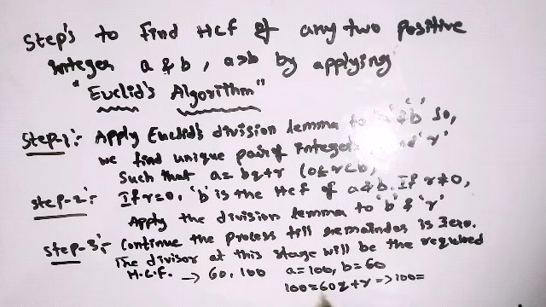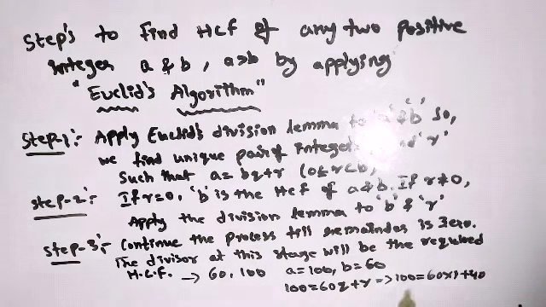That means we have to check multiples of 60. In the 60 table, when do we get 100? Taking 60 twice gives more than 100, so better to go with 60 once. So 60 times 1 is 60. What is remaining to get 100? It is 40. So 60 times 1 plus 40 gives 100.